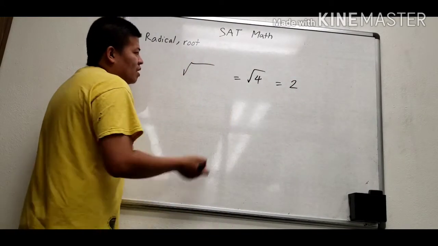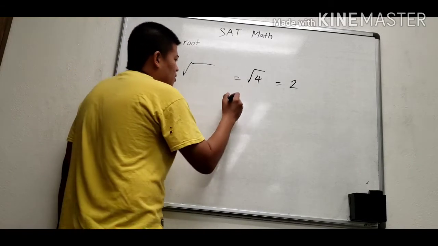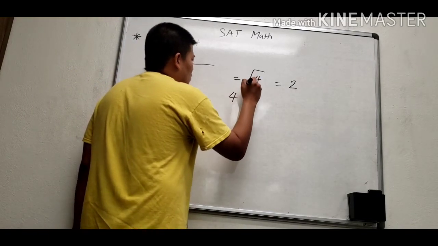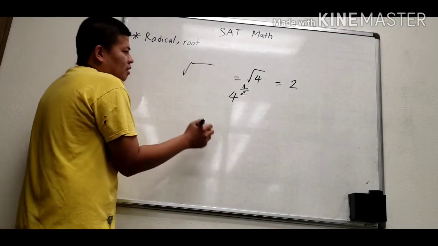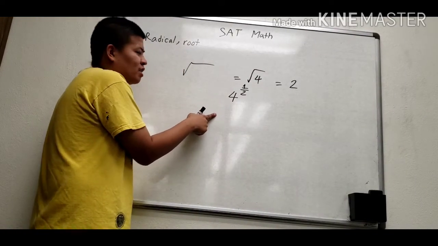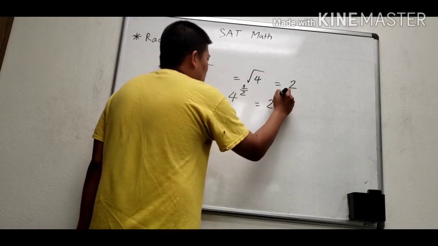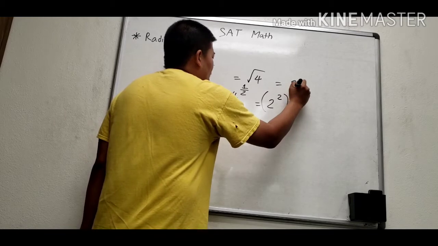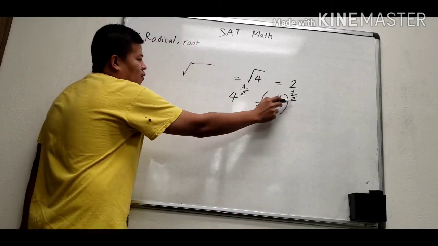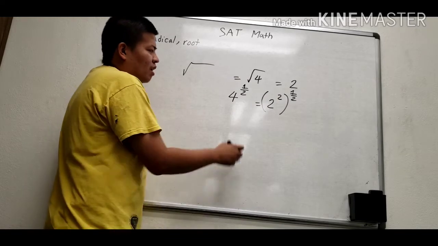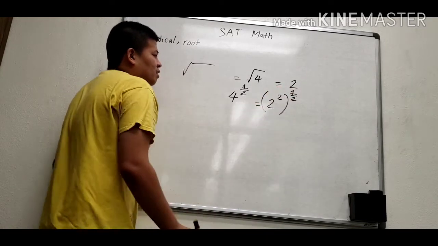So in the previous lesson we learned that the root will transform 4 with the power 1 over 2. In here, in the number 4, we just learned that 4 is equal to 2 power 2, and the 1 over 2 outside. We know that in the exponent, two numbers multiply together.